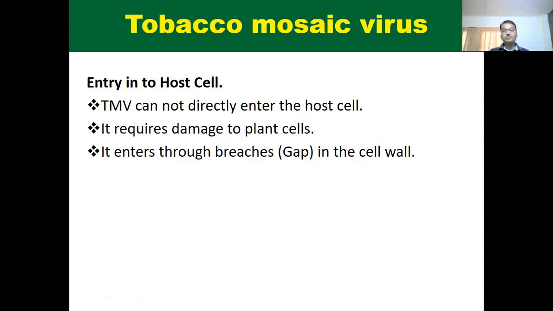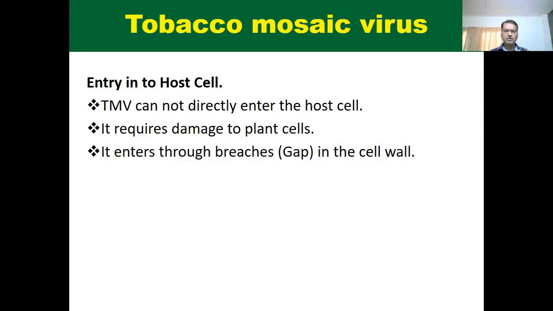If there is damage to the plant cell, a wound, then through that wound the TMV enters into the healthy cell. It enters through the gaps, breaches, which are there in the cell wall. Gaps are there especially in the leaf cell, because in the leaf we have different types of cells.